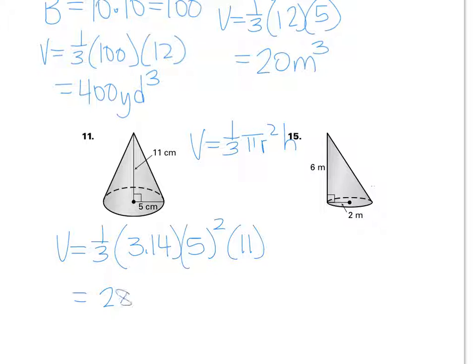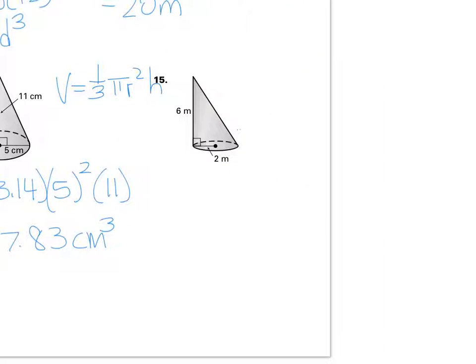Multiply that out. And this is the height of this cone. Again, it's always going to be that perpendicular distance from the vertex to the base.